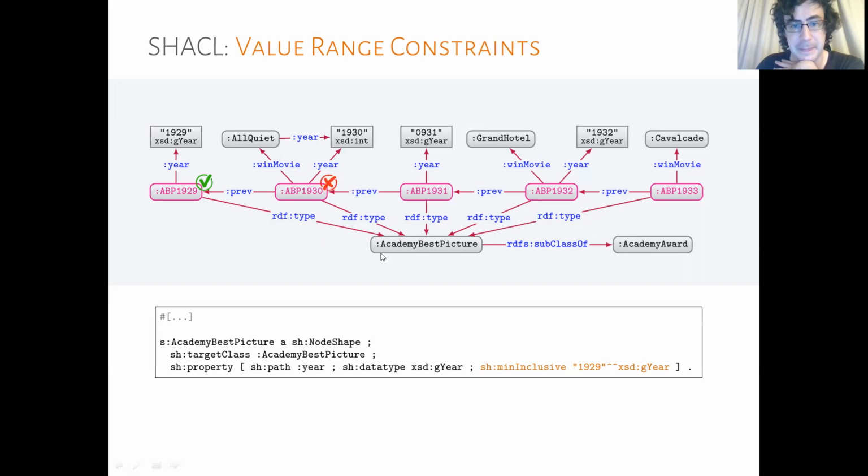So this is going to fail. This one here looks like we're going to have a problem because this is below the min inclusive value. So this is going to fail. This is going to pass. And this one has no year. Is that a problem? We haven't specified a min count here, right? So it's fine. Okay. So if it had a year, then it would have to satisfy these constraints, but there's nothing to say that it has to have a year.